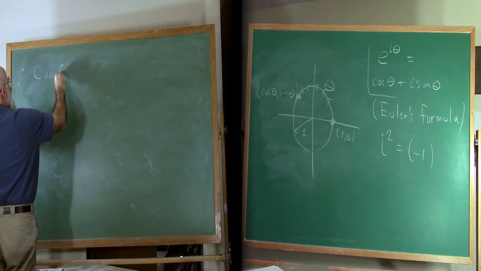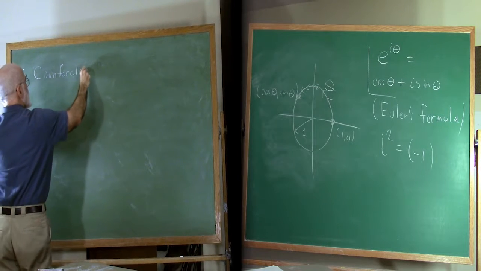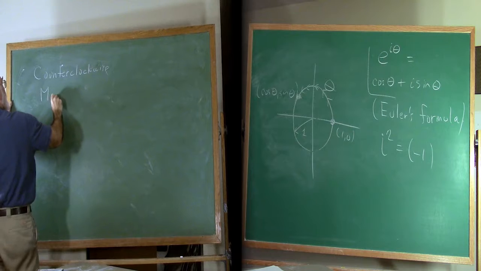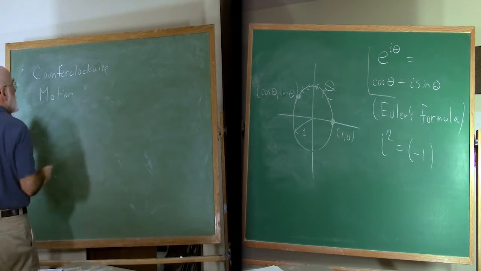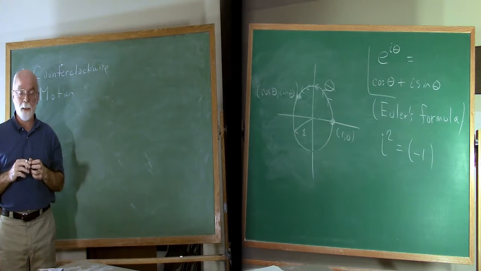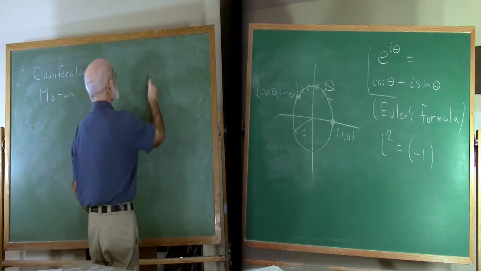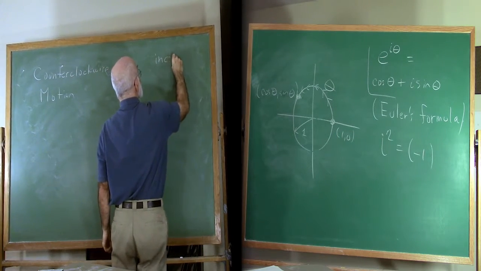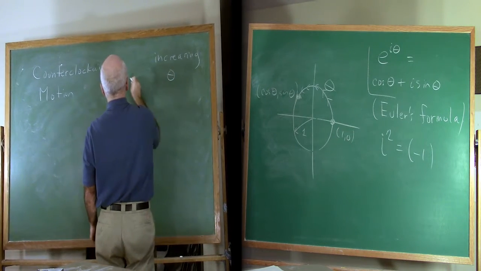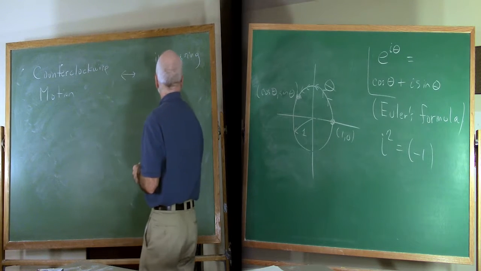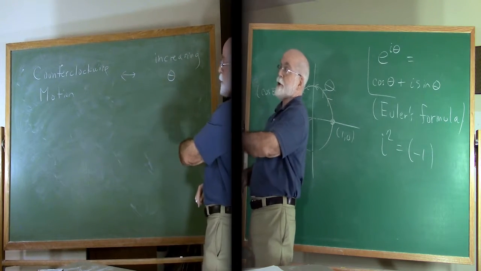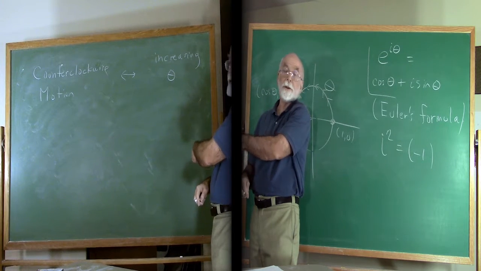So counterclockwise motion corresponds to increasing theta. Increasing theta spins you counterclockwise around the unit circle.